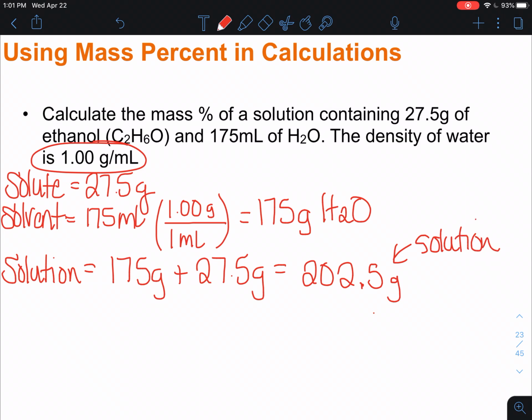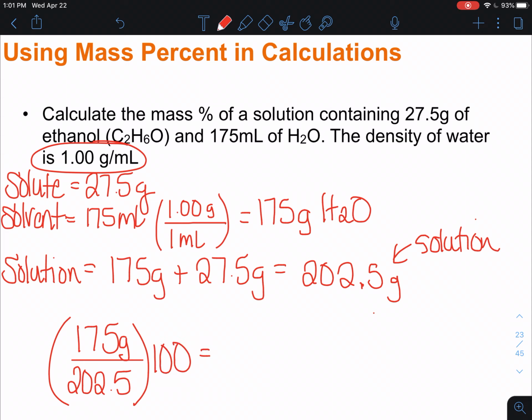All right, so the mass percent is going to be 175, right, over... multiply by 100. So we're going to take 175 over... oh, I didn't mean to write 175.